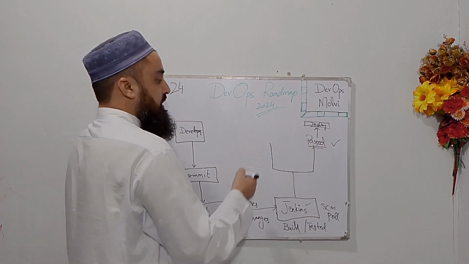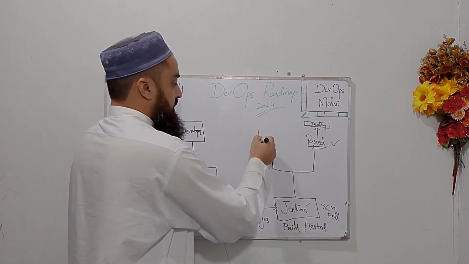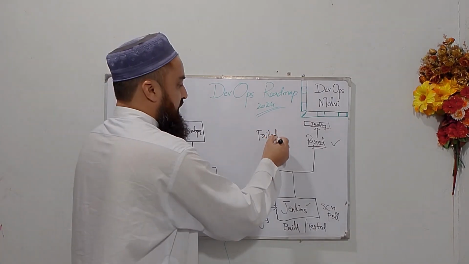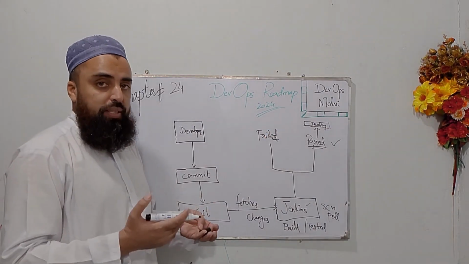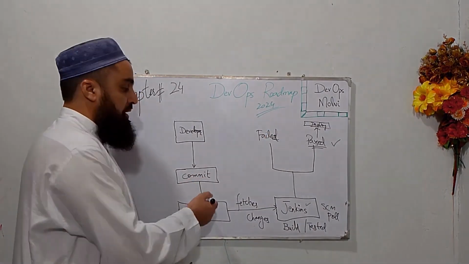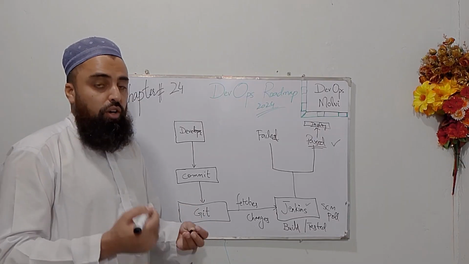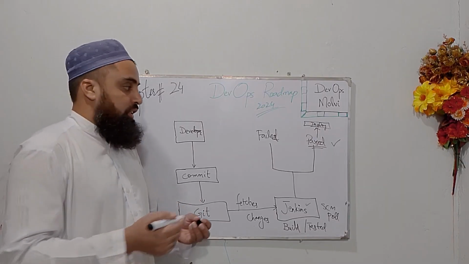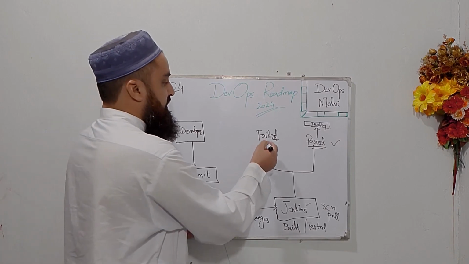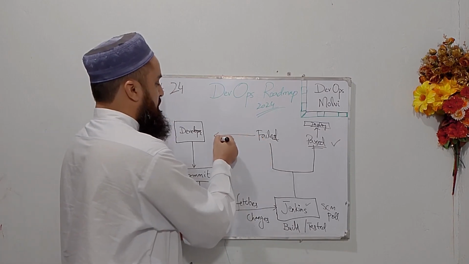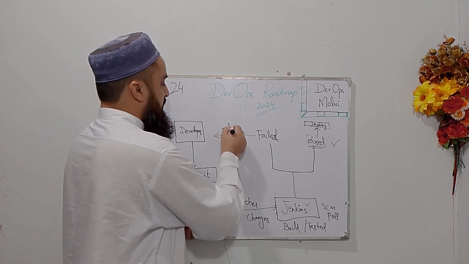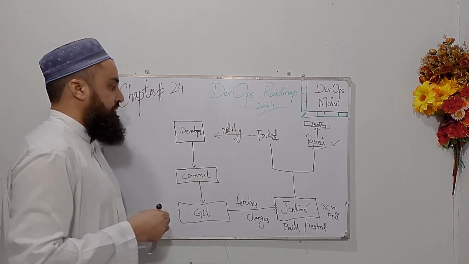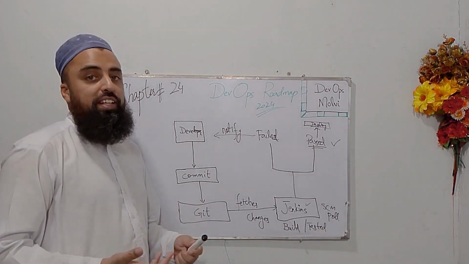But in case this code fails, and there are chances of that because there are tens of commits on a daily basis, and maybe not every change in the code works perfectly, then we must notify the developer at the same time that the code has failed.